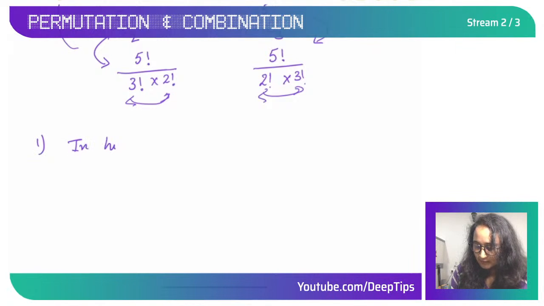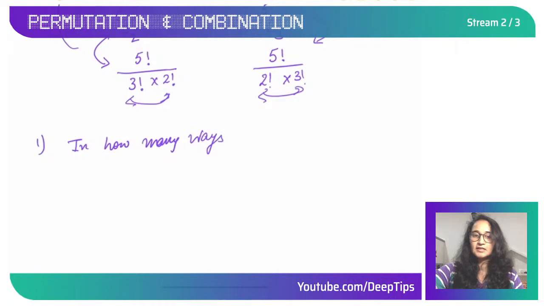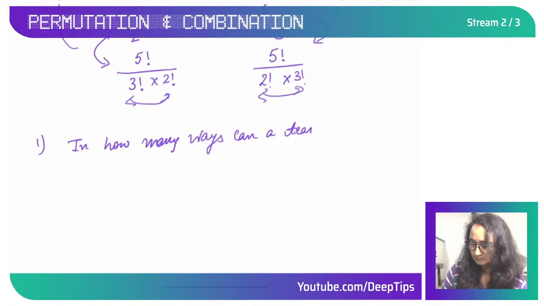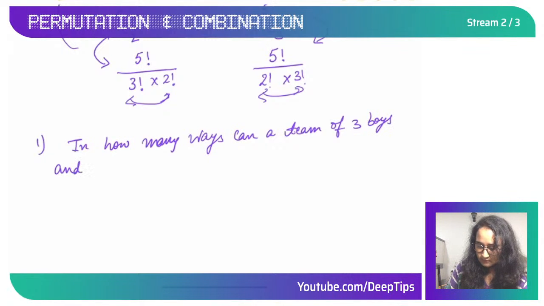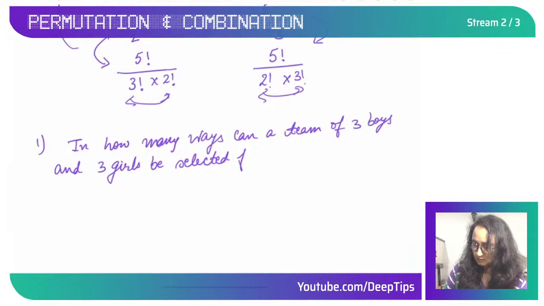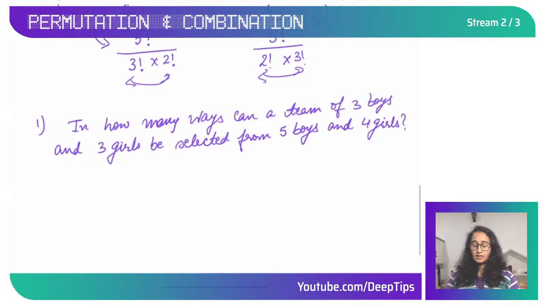In how many ways can a team of 3 boys and 3 girls be selected from 5 boys and 4 girls? Okay, so I want everyone to think about this, how can we do this.